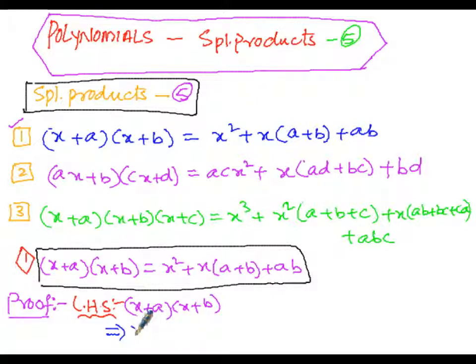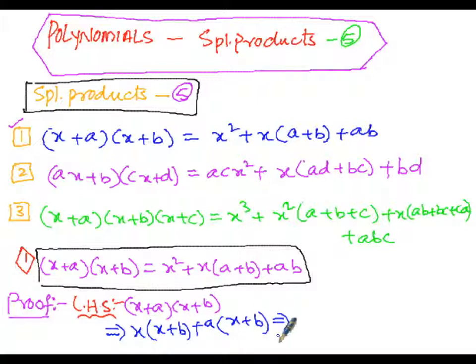So that implies x into the entire bracket (x + b) plus a multiplied with the entire second polynomial (x + b).